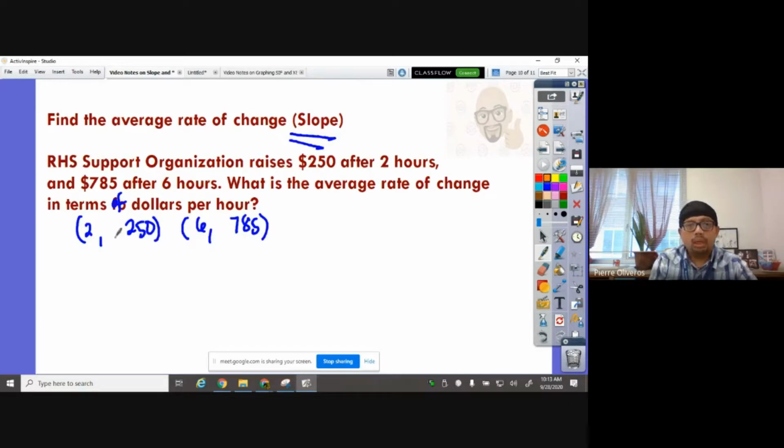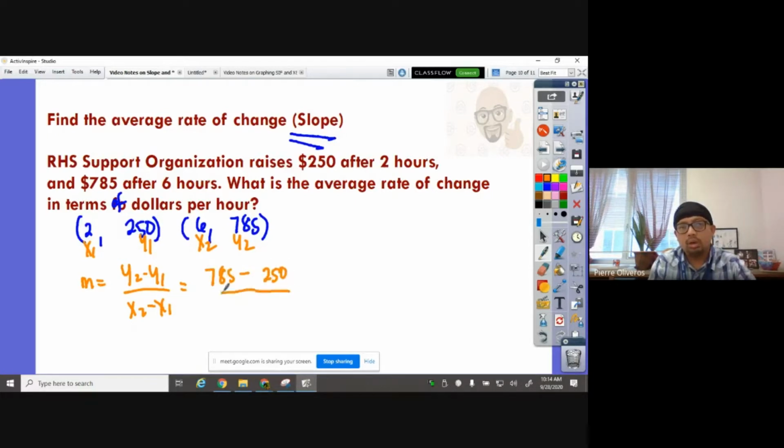So this is my x sub 1, that's my y sub 1, this is my x sub 2, this is my y sub 2. And we know the average rate of change, which is the same as the slope formula, is y sub 2 minus y sub 1 over x sub 2 minus x sub 1. So my y sub 2 here is 785 minus 250 over 6 minus 2.